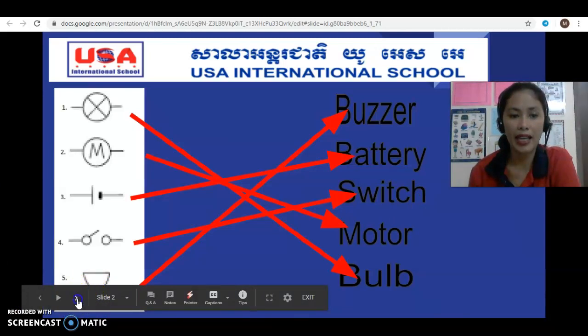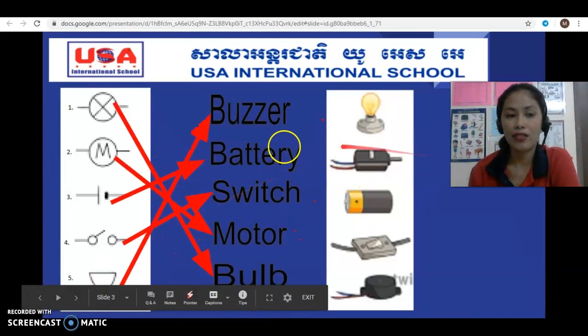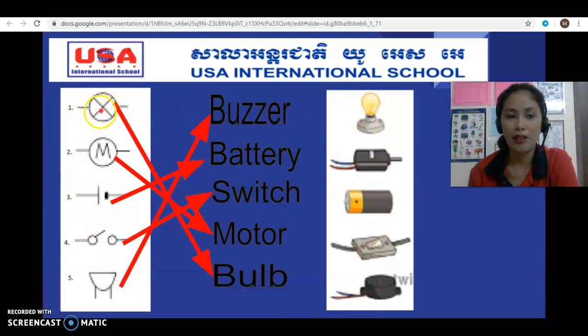For our next slide, we have the symbols and the pictures. What's this again? Bulb. So this is the picture of a bulb. How about this one? This is a motor. The symbol for motor is like M. How about the battery? Battery is like letter T with a small hammer in it.